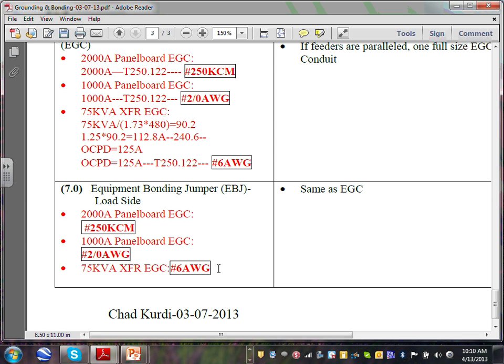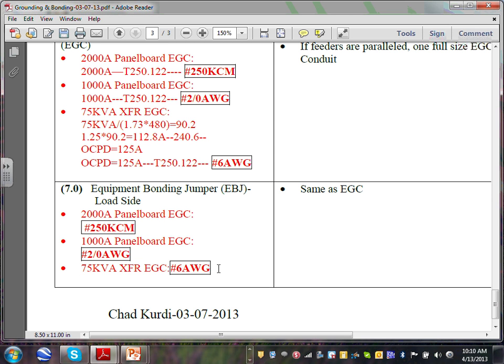So as long as these are completely isolated from each other, which they should be, the only time they can't be is if it's an autotransformer, right? If they're separated like this, then this is a separately derived system, and you have to treat it exactly the same way. It will be treated with the same bonding, exactly the same separately derived system, the same way we did it.